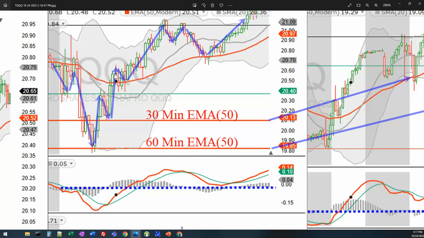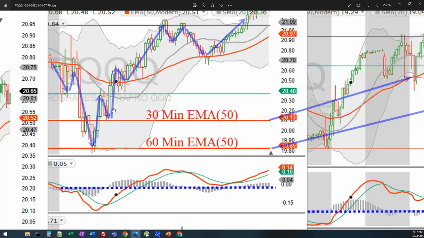Hands down, full stop. Everywhere it went to, pivoted from, bounced off of, back tested from, can be explained. Every single location. Look at this. It bounced off the 30, right? Full bodies are closing above the line. That's a bullish sign.